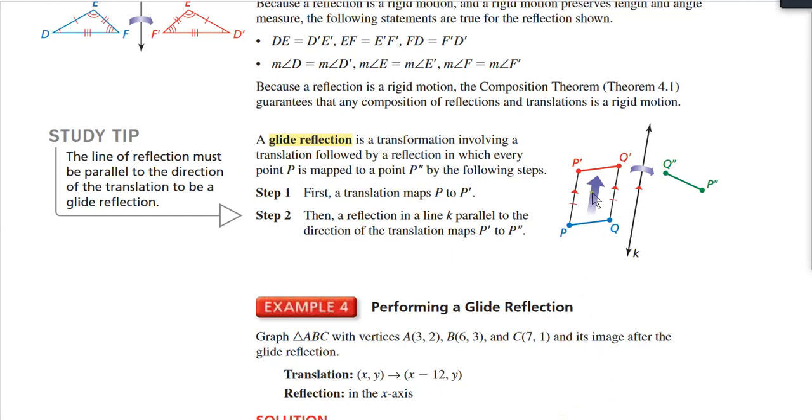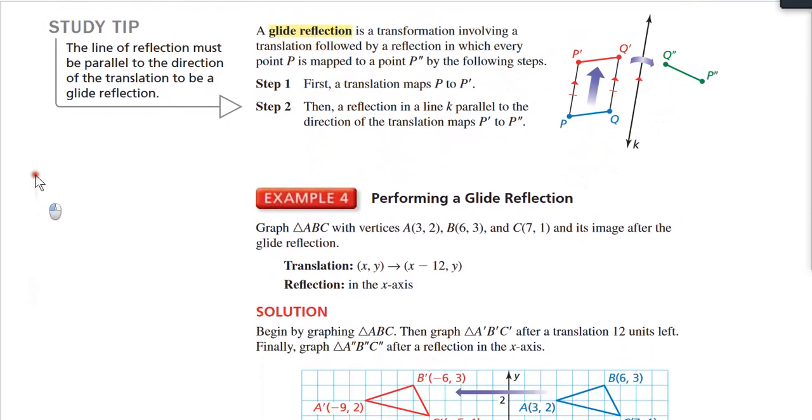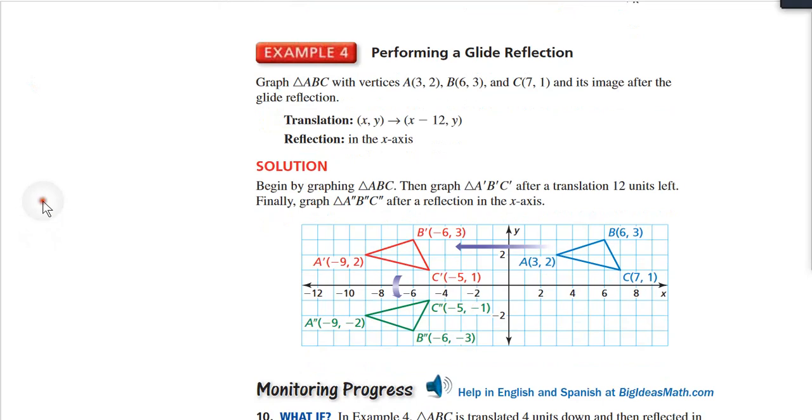They did this translation and then they reflected. That's how you got this to go over here. They have an example for us here. Here's the original figure right here. It got translated 12 units to the left, and then it got reflected across the x-axis.